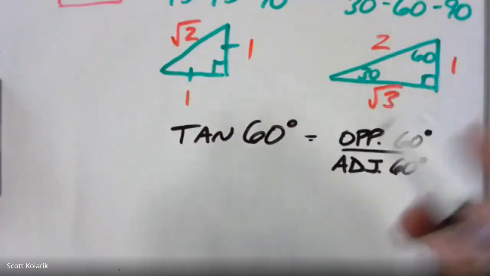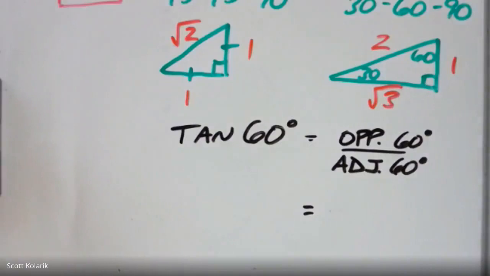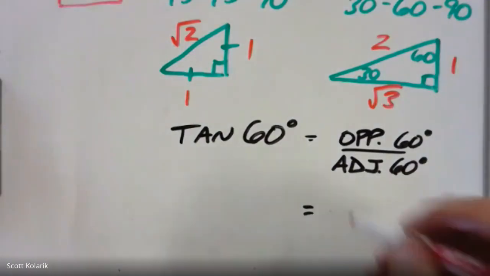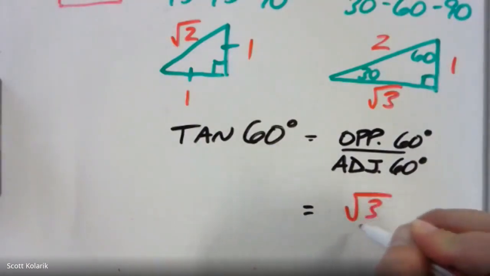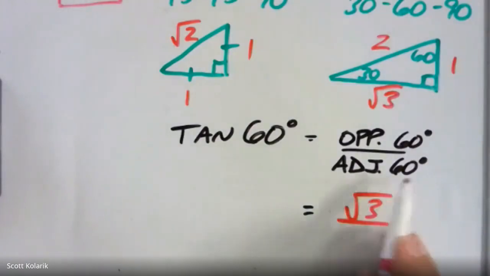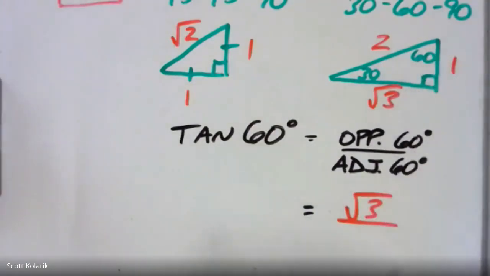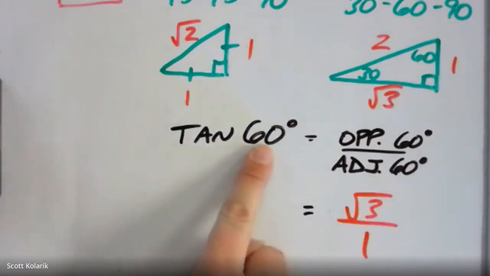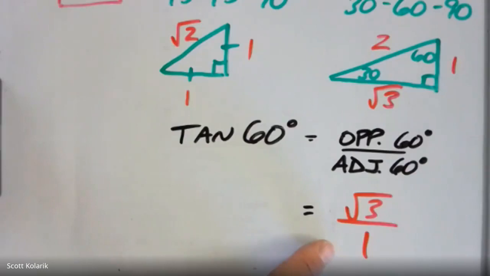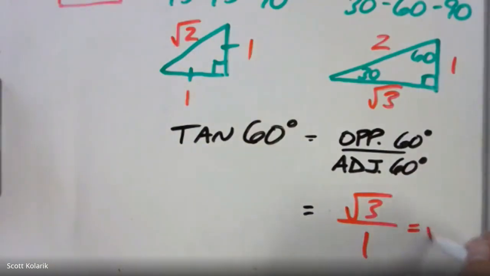That radical 3. So for my ratio, the tangent of 60 degrees is the square root of 3 over whatever's adjacent to or next to this 60 degree angle, which is this side length of 1. And so what's the tangent of 60 degrees? It's this radical 3 over 1, which anything over 1 just equals itself. So what's the tangent of 60 degrees? Square root of 3.